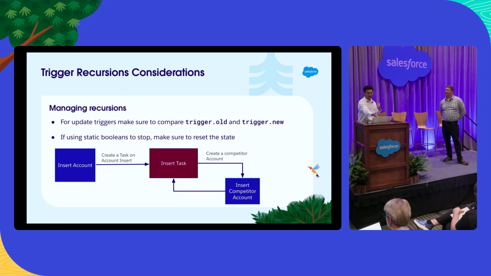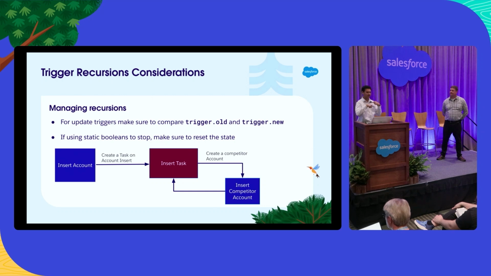So, for example, this scenario here, right? I'm inserting an account which is creating a task, and let's say the task has a description of a competitor's account name, and I want to create an account record on the insertion of the task record. So you see what is happening. I got an account, I inserted a task, but then there's a trigger on the task that is actually creating this account again.